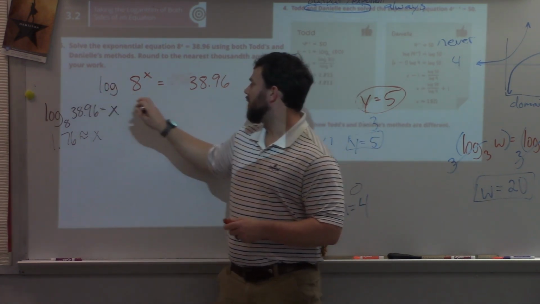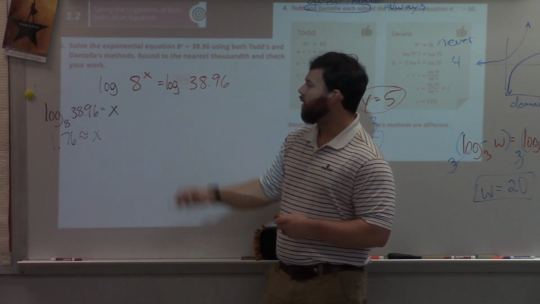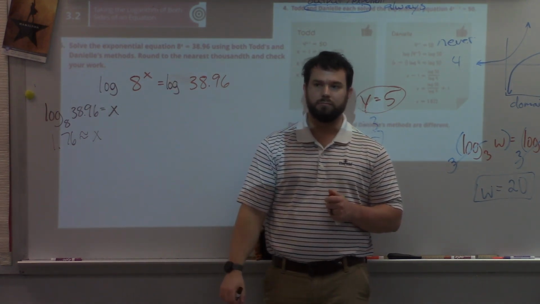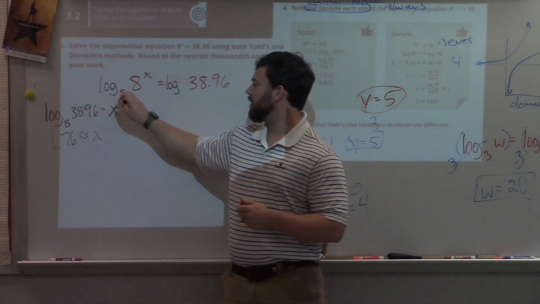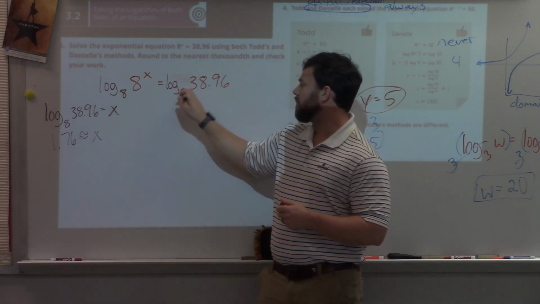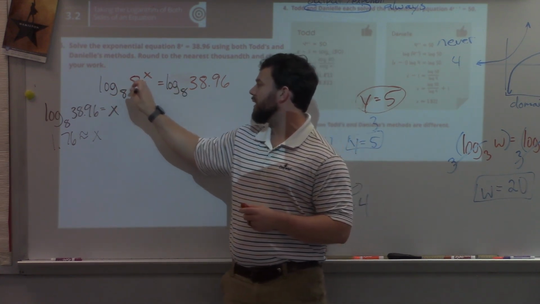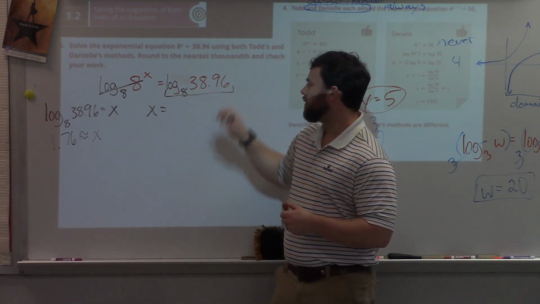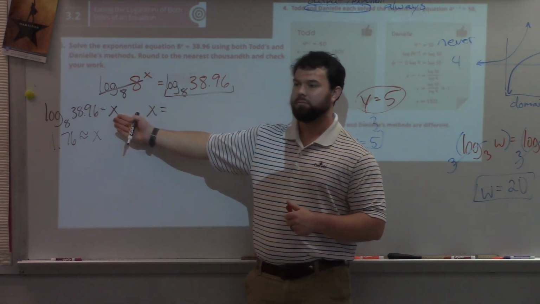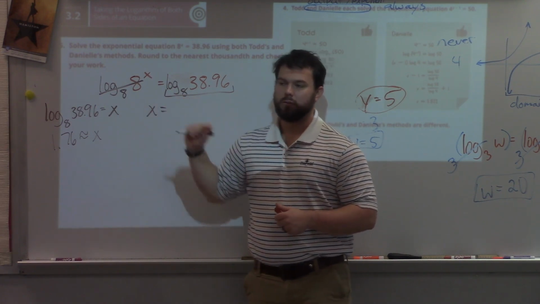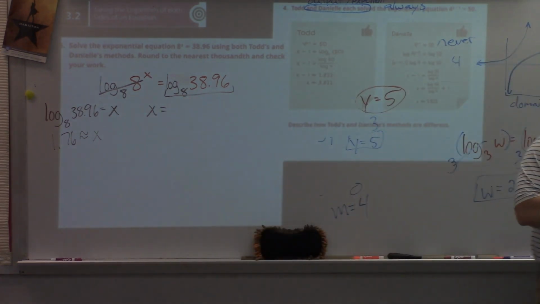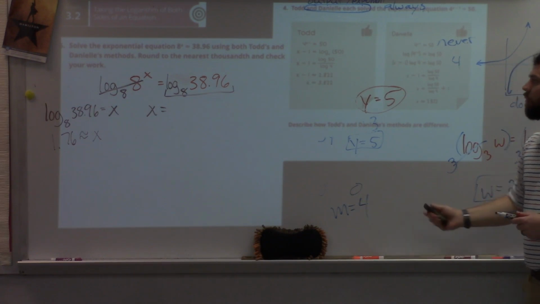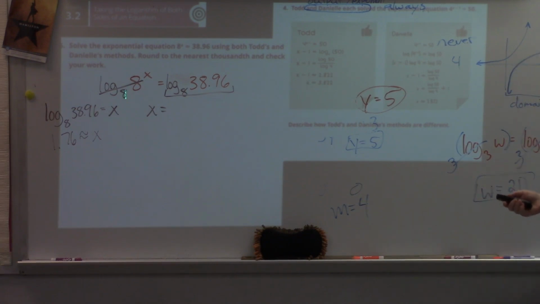So I need a log on both sides, but what base do I need for that logarithm? And if I have inverses, they cancel. Does that look familiar? Yes, those are our inverses. I want to show you why I recommend using inverses like this instead of just converting to a logarithm.